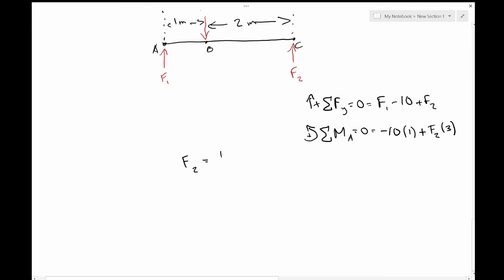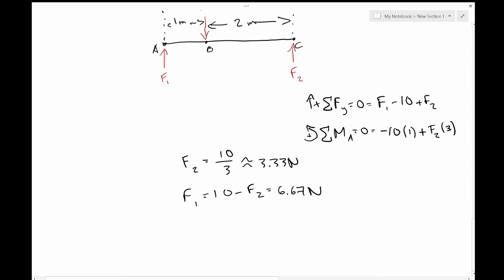F2 equals 10 over 3, which roughly equals 3.33. And then from the first equation, we can say that F1 equals 10 minus F2, which is equal to 6.67 newtons.